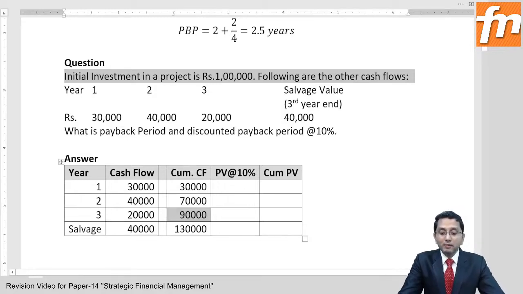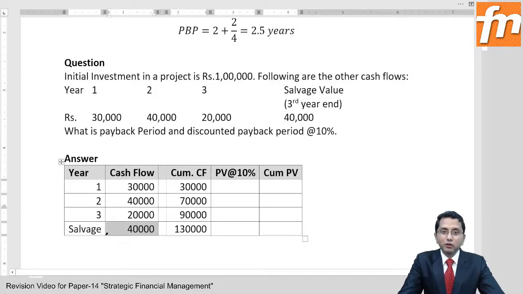So now I look at my salvage value. My annual inflows are insufficient to recover the initial cost. So now I use salvage value, and keep in mind salvage value will not accrue evenly throughout the third year. It will occur at the end of the third year itself. So to recover 1 lakh, I need 10,000 rupees from salvage value also.